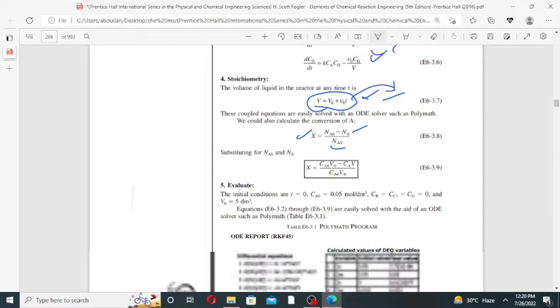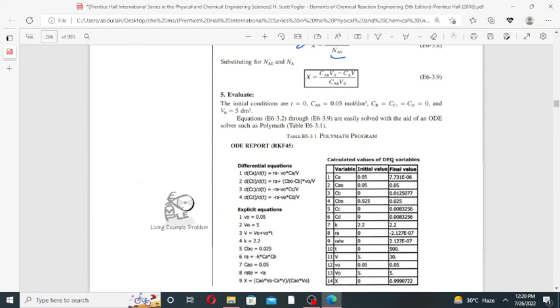Now evaluate the problem in the ODE solver, which is Polymath in this case. When time is equal to 0, the concentration of A was 0.05, which was present in the semi-batch reactor.